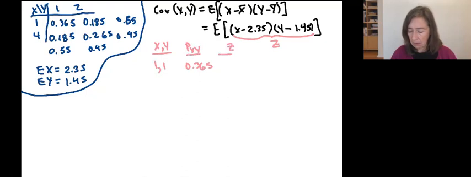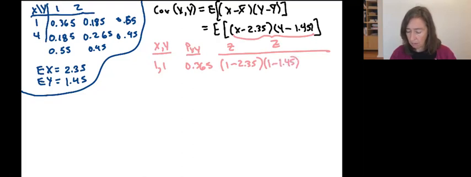And what that means is that Z is X minus 2.35, since X is 1, multiplied by Y, which is also 1 here, minus Y's expected value, 1.45, and that equals 0.6075. I've got too many Z's floating around here. It's too much. I'm going to erase this guy.